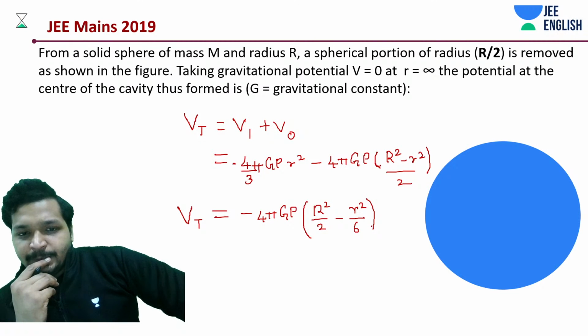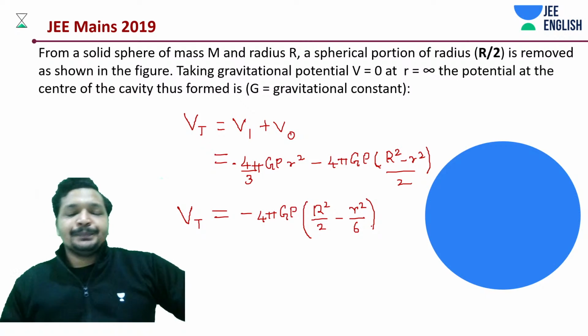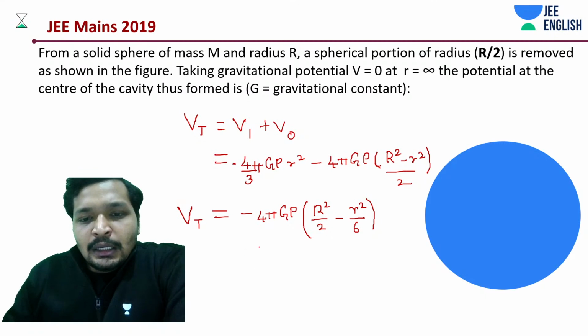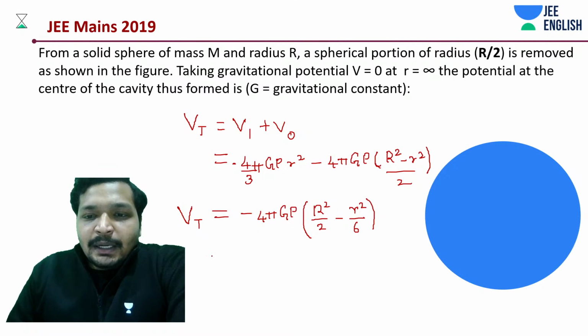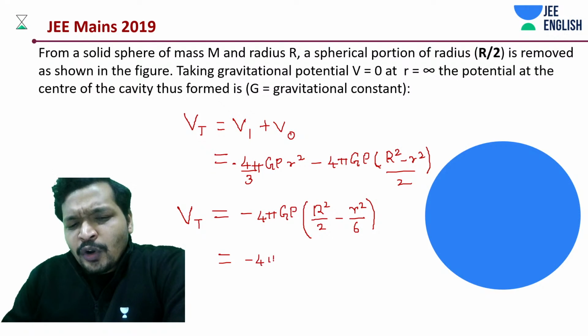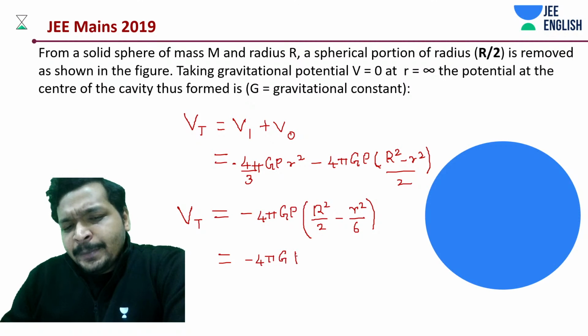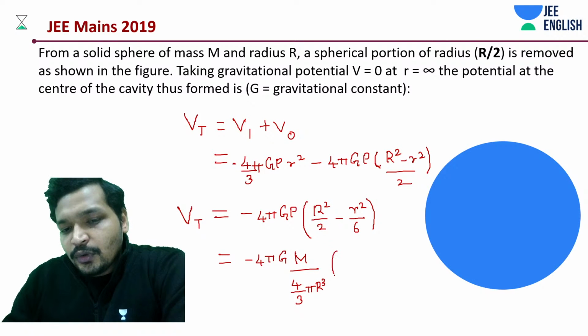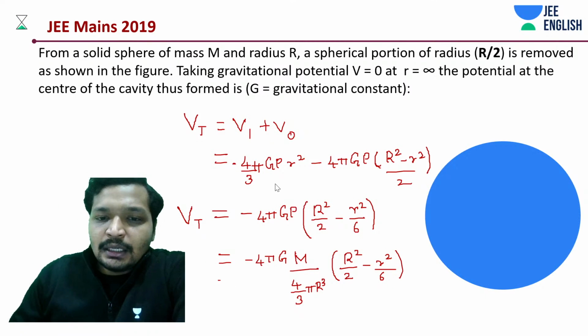Yes, fine. R square by 2, so r square by 6. And do we have a plus or a minus? Minus inside. And substitute the value of rho. Rho was M divided by 4 by 3 pi r cube. So we would be having r square by 2 minus r square by 6. You start simplifying this, you will get the final result.